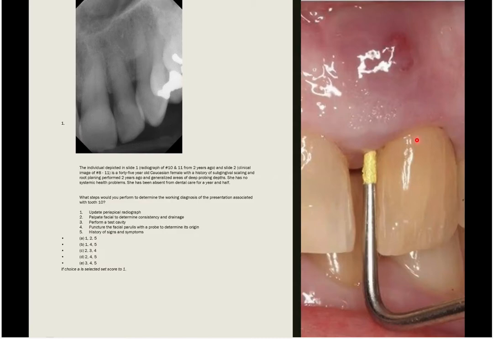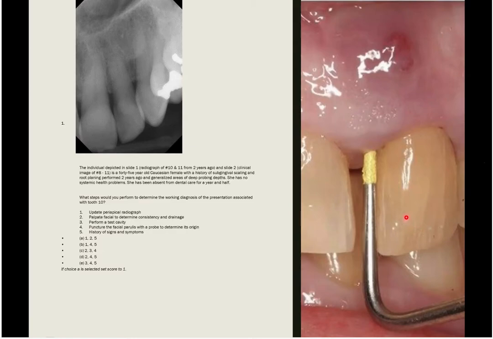Can you see the entire image, the clinical image, the radiograph on the screen? Or is my chat window blocking the image? Okay, so maybe it's just blocking my view.